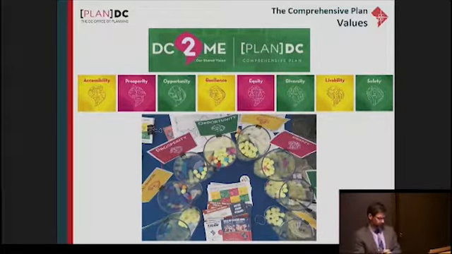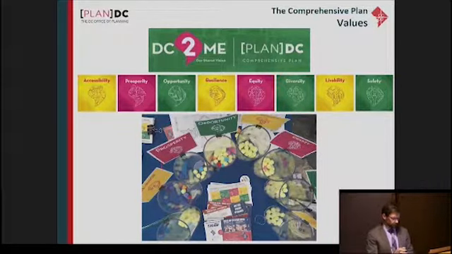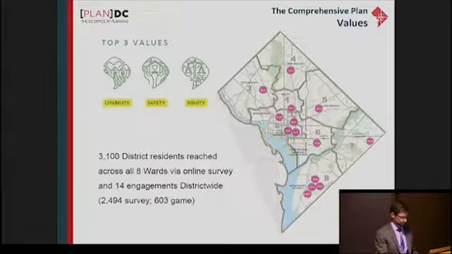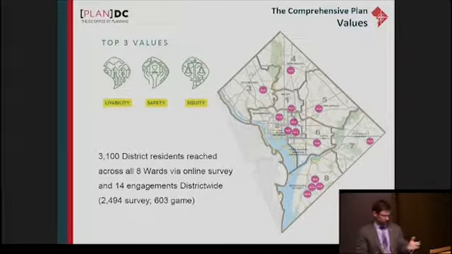I think what came across is issues of equity, safety, and livability were the highest, and I think that speaks to some of the big changes I just mentioned around concerns about housing and housing accessibility, about resiliency and the long-term future of the city, and a long-term thriving city for everybody. Livability, safety, and equity. We had events all over the city and heard from over 3,100 residents on these values.